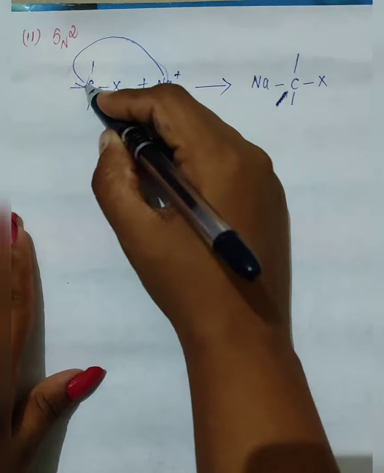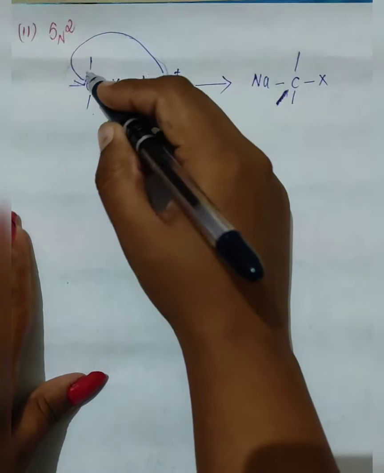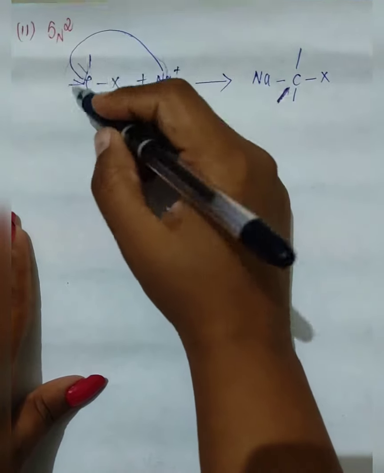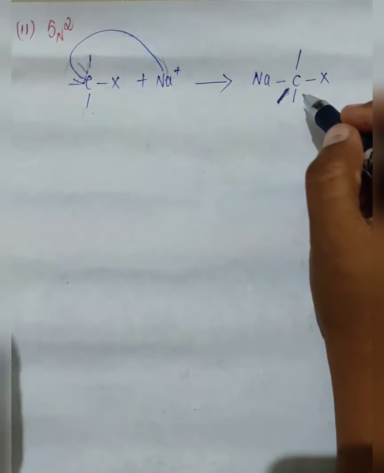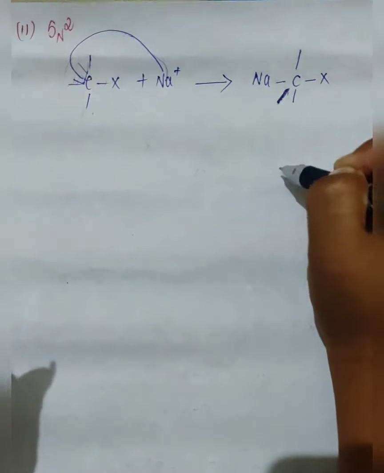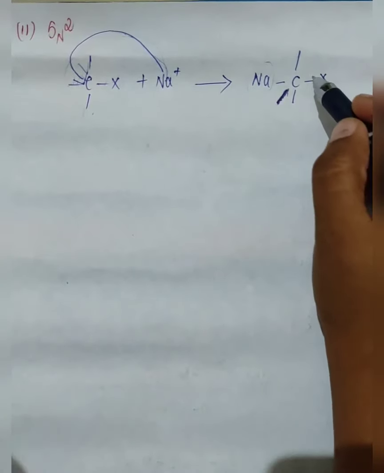Na will go and attack here from a bond, and these 3 bonds will place themselves. It can place here, it can place here, it's fine wherever it can place. Now here we get a transition state where the halogen as well as the nucleophile is attached to the carbon atom.